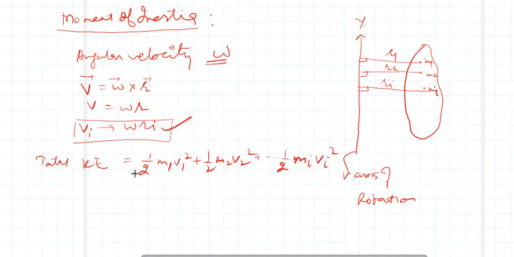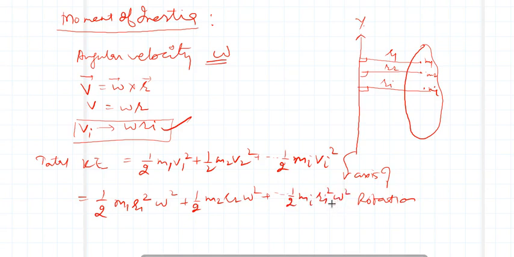Using v equal to omega r, it is 1 by 2 m1 r1 square omega square plus 1 by 2 m2 r2 square omega square and so on, 1 by 2 mi ri square omega square.